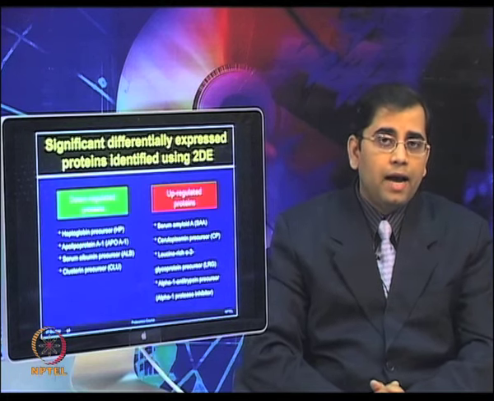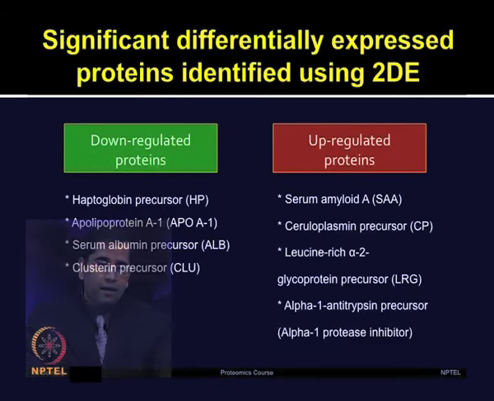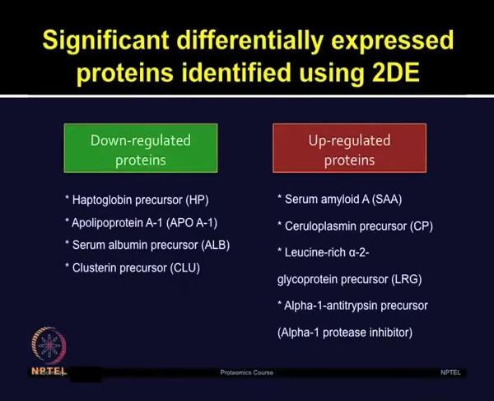Some of the proteins listed here, such as haptoglobin, apolipoprotein A1, serum albumin precursor and clusterin, were down regulated, and serum amyloid A, ceruloplasmin precursor, leucine rich alpha 2 glycoprotein precursor and alpha antitrypsin precursor were upregulated, among many other proteins.